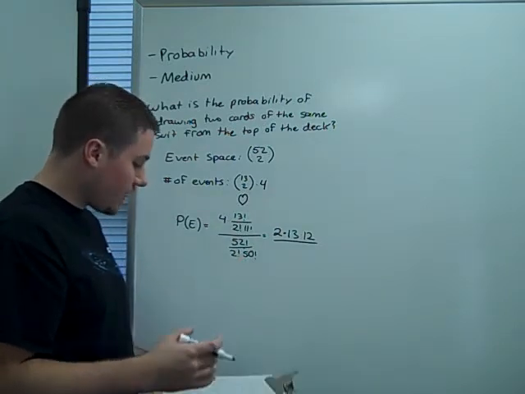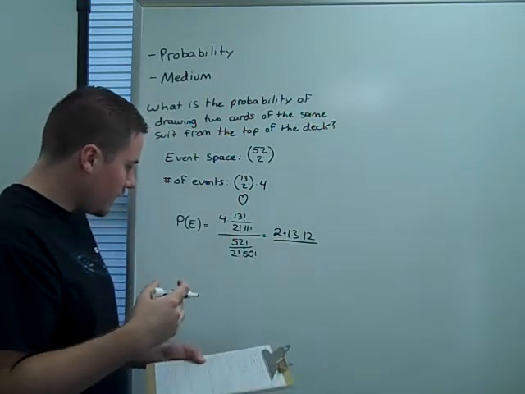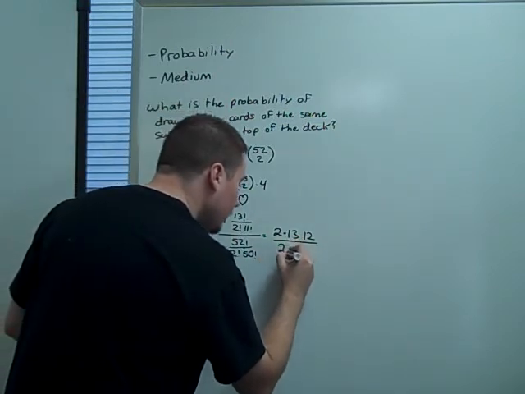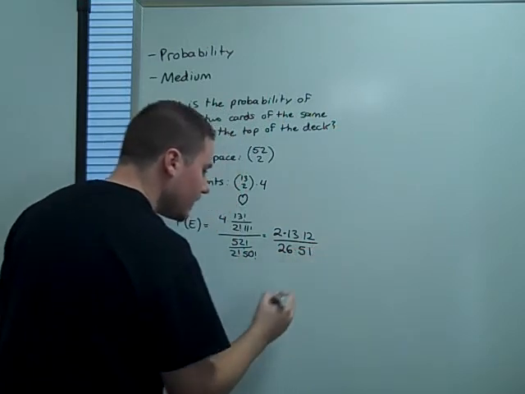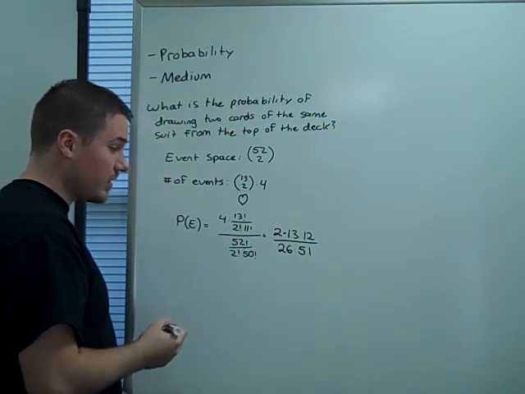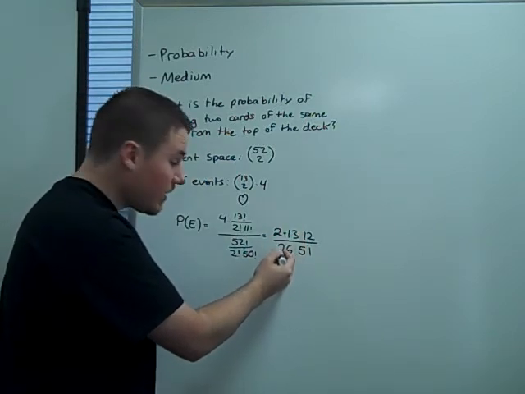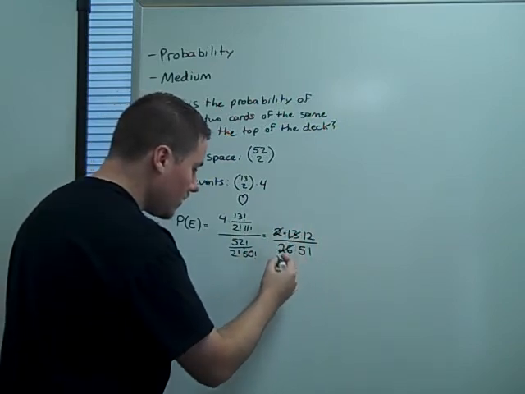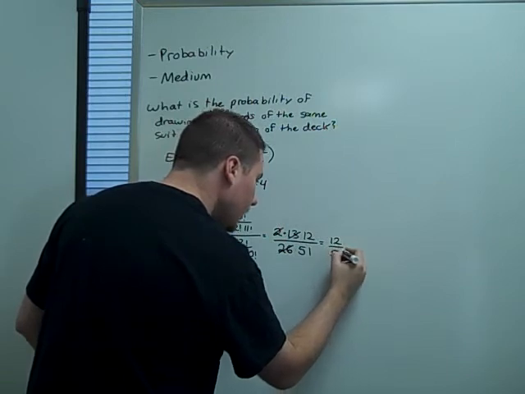So 52 divided by 2 is going to give us 26. And then the 51 stays where it is. Alright? So, some pretty good cancellation can occur here. First off, notice that 2 times 13 is 26. So that'll give me 12 over 51.